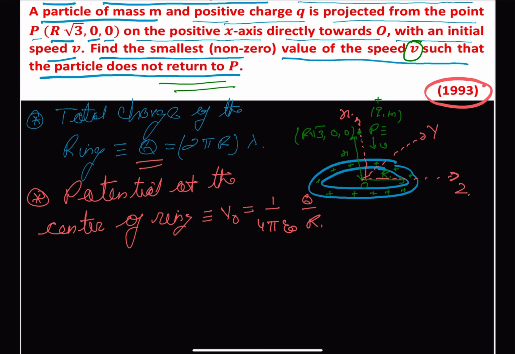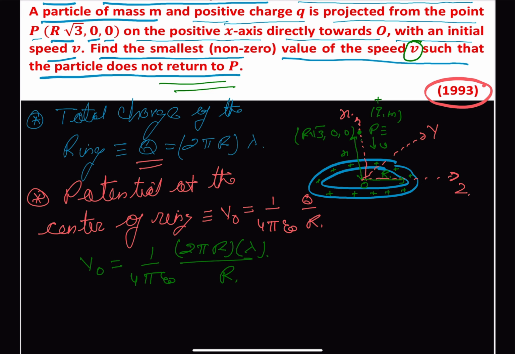If we substitute the value of Q, we can write that V naught will be equal to 1 upon 4 pi epsilon naught times 2 pi r multiplied by lambda, divided by r.